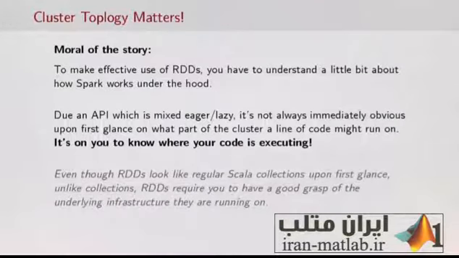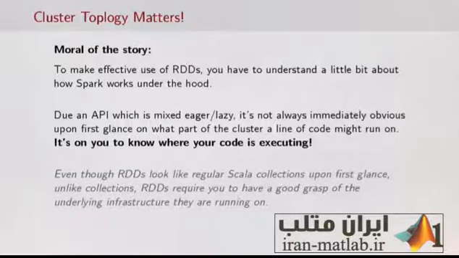So the moral of the story is to make effective use of RDDs, you really have to understand a little bit about how Spark works under the hood. In particular, you have to know the anatomy of a Spark job. You have to know that there's something called a driver program, and that's sort of the brains of the application, and that a bunch of work is being farmed out to worker nodes and executors all over the place.